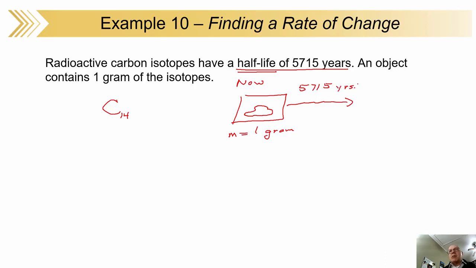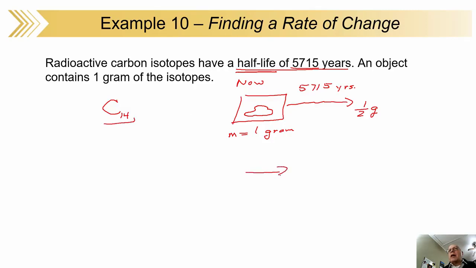Obviously, you need a time machine if you're going to do this experiment. So you start with a radioactive element, you've got 1 gram, you jump ahead 5,715 years. What's left? What's left is 1/2 of a gram. That's why we call it the half-life. If you wait this long, half of the original will be left.